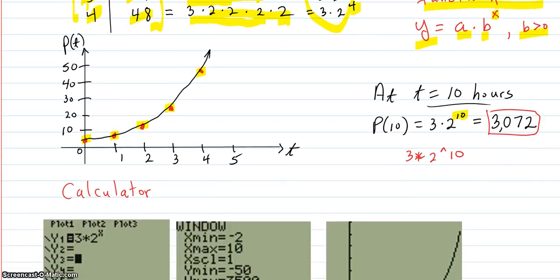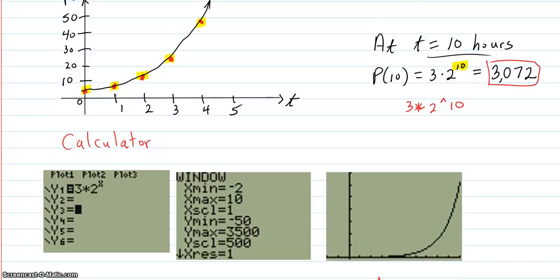Now let's see what it looks like with the calculator. For the calculator method, you put in your function. We have to use x because that's the way the calculator wants to see it, because t is reserved for parameters, which is something else. So we just have to use an x. This is the window I used.